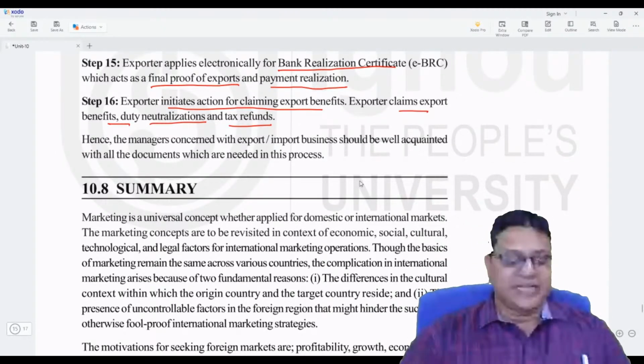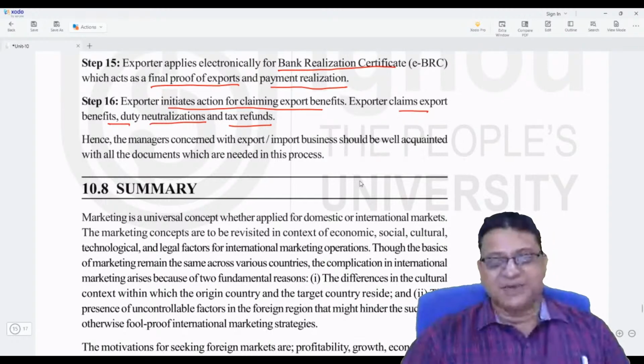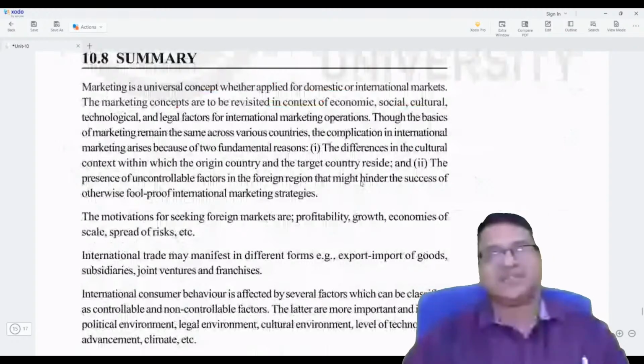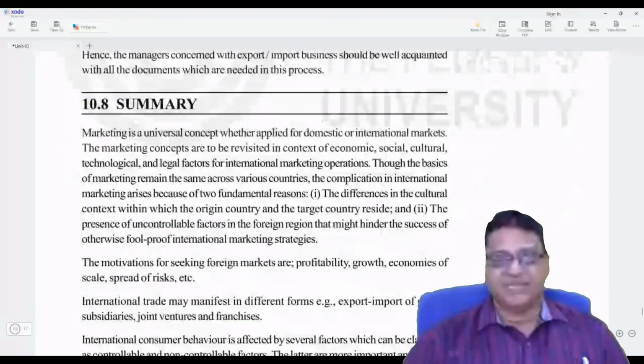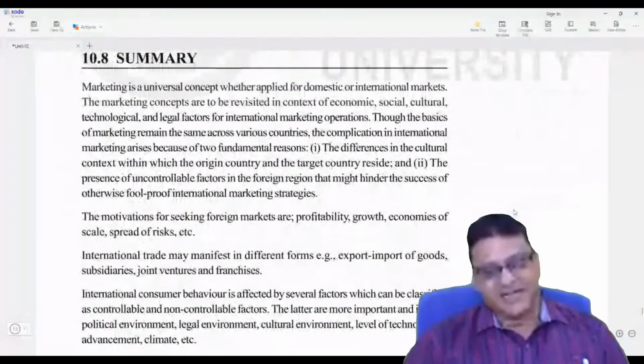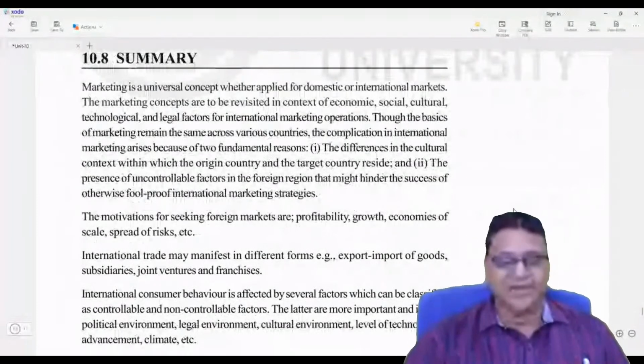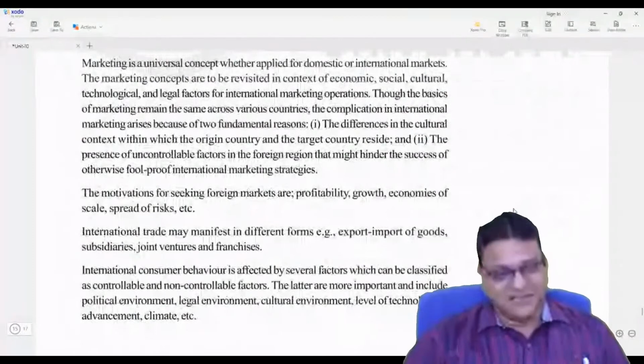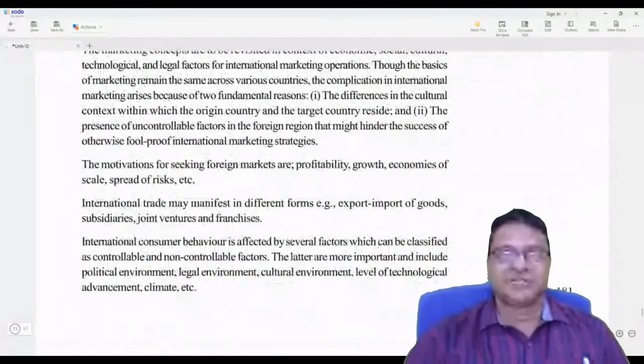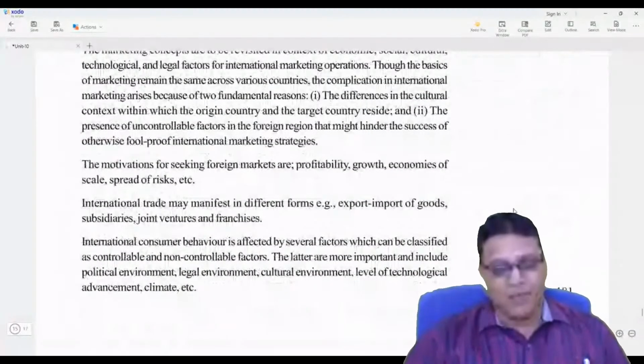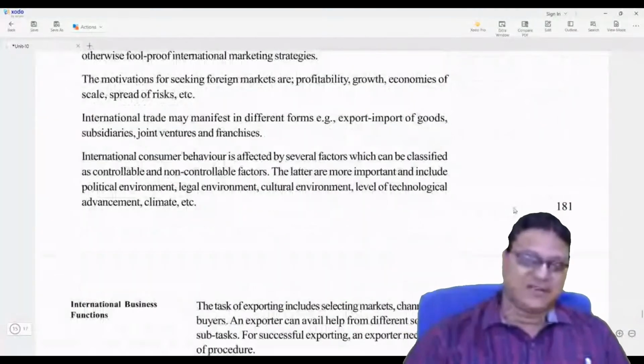So in today's class, let's summarize our discussion. In today's class, we discussed international marketing. What is the difference between domestic marketing and international marketing? Then we discussed international entry modes. What are the international entry modes?